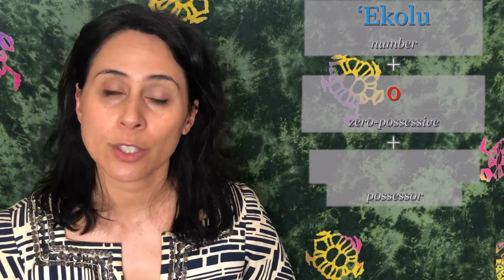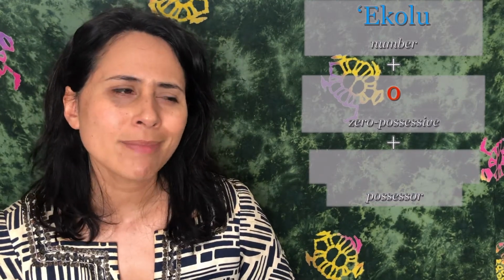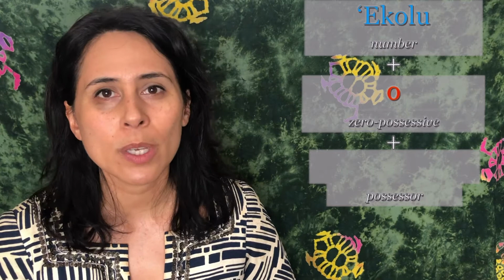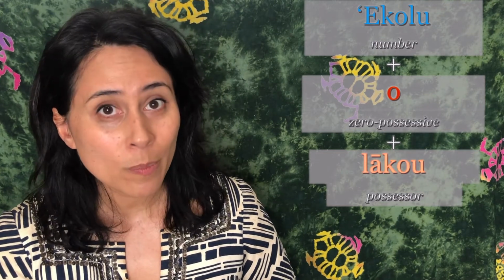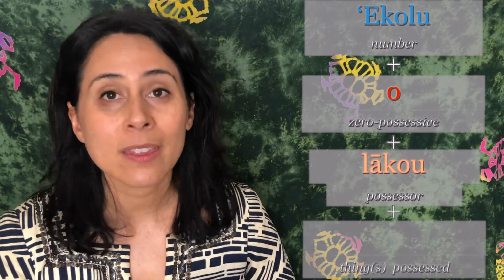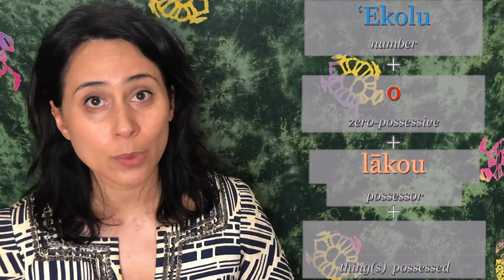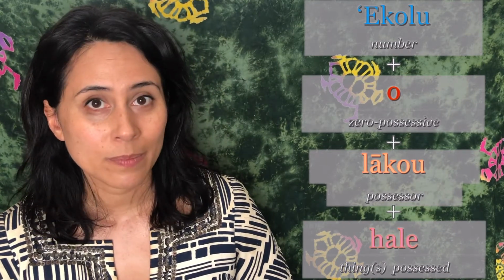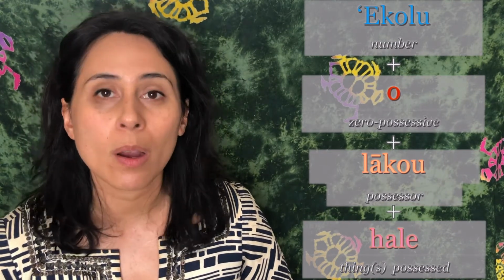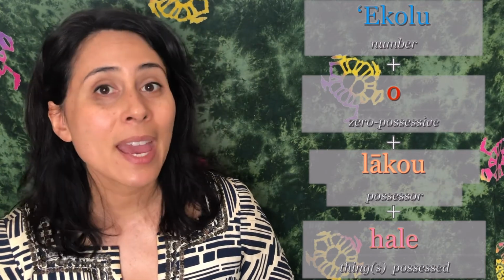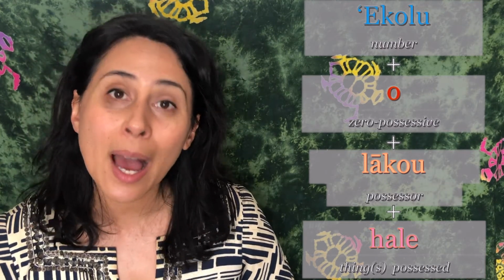Then the possessor, they, let's say it's a group of 4 people, so we use la ko. And finally, the thing being possessed, house, hale. Ekolu o la ko hale. They have 3 houses. Does it make sense, the differences in the word order?